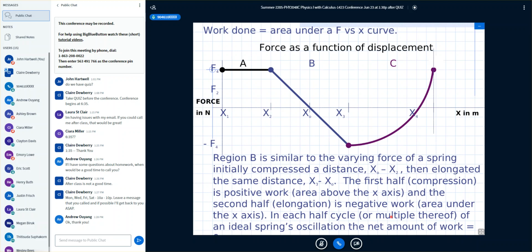If you're having some difficulty picturing ideal springs and what happens to them, I believe I mentioned that there are some frames in Chapter 15, intermeshed between Chapter 7 and 8, but we're not going to be studying and analyzing spring transfer of energy, which is simple harmonic motion, until the end of the course.